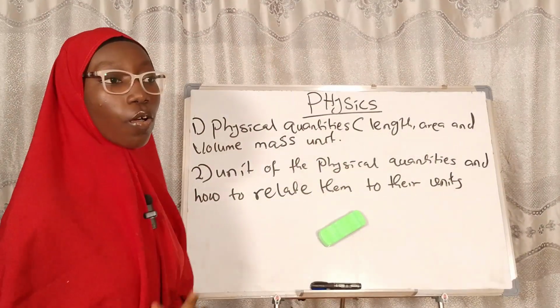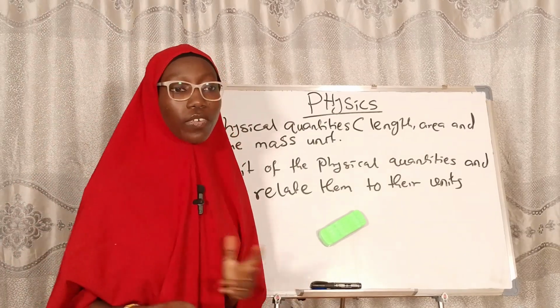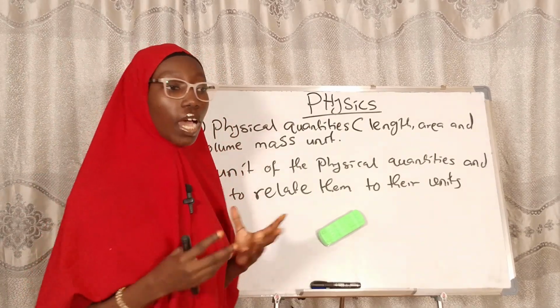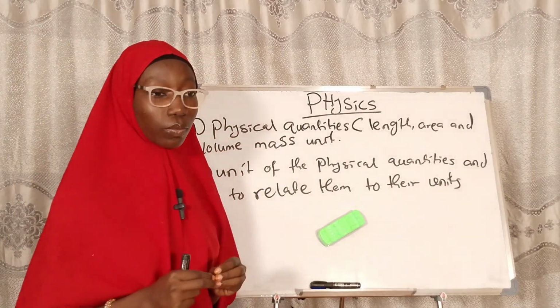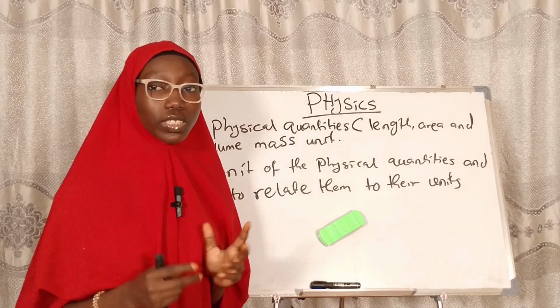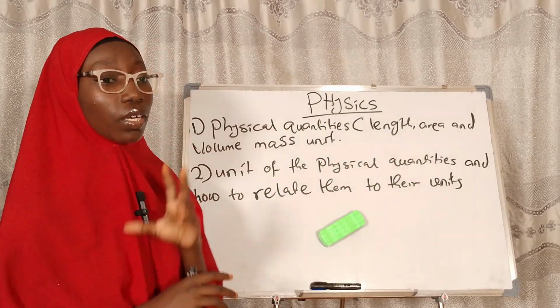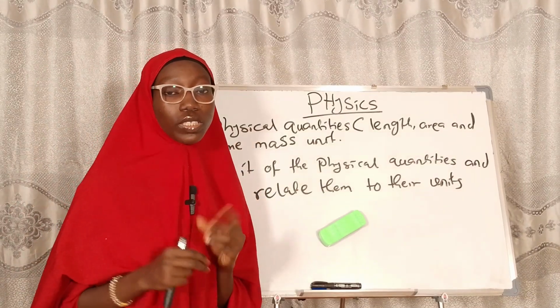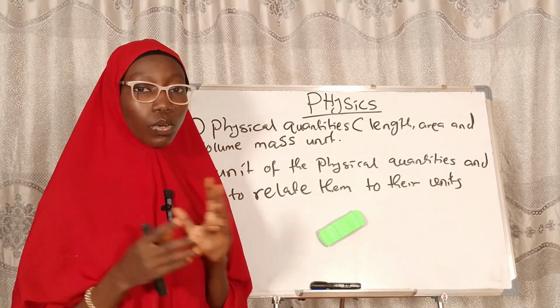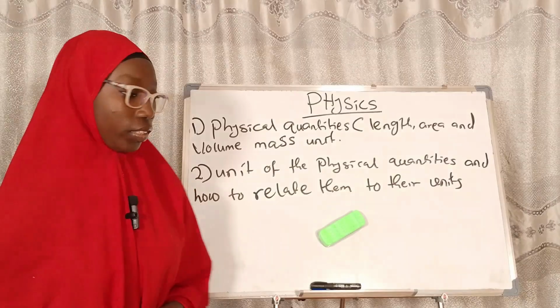Derived quantities. 4. Dimensions. 5. Significant figures and how to express measurements in standard form. 6. Measurement of distance, position, and displacement, so that we can break down all the tricks that JAMB uses when setting those questions. Now, what are physical quantities?